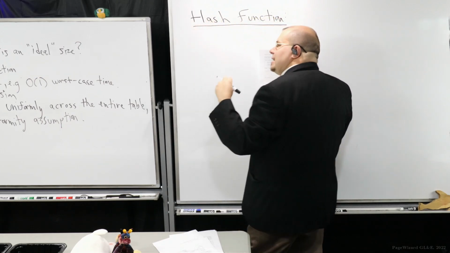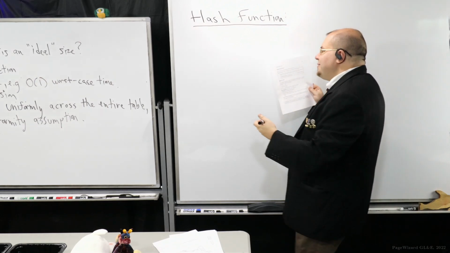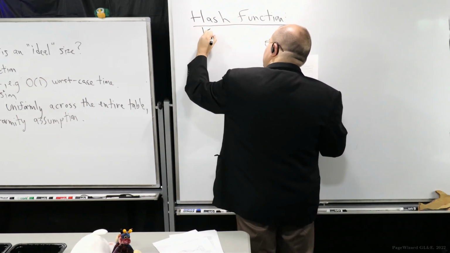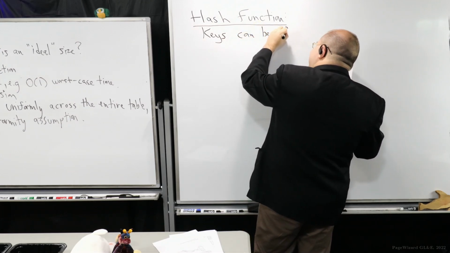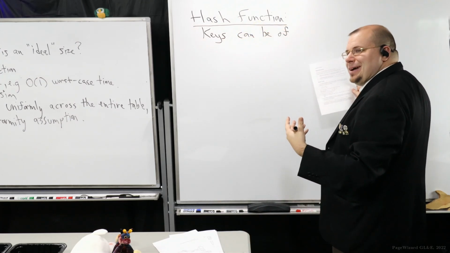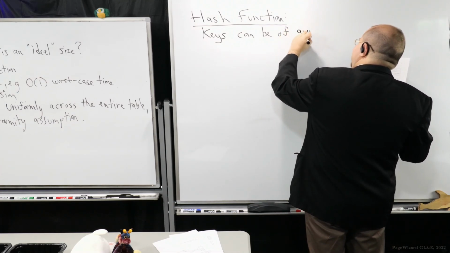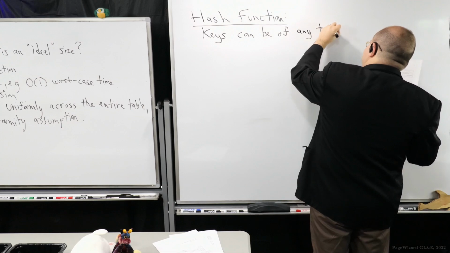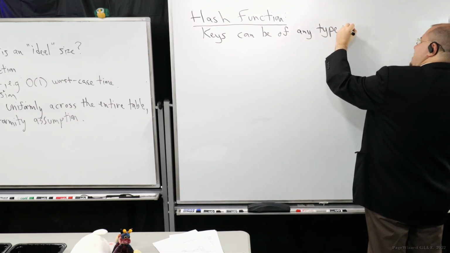So I must stress, like I was talking about near the beginning of our discussion about hashing, that keys can be of any type. When I say any, I mean the most generous way of saying this. Not some contrived thing that doesn't make any sense in any reasonable way. I'm just saying that these are things that you're used to seeing.